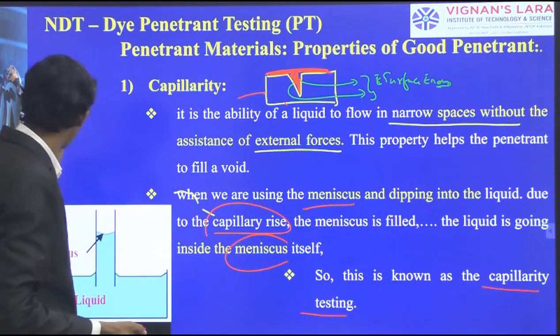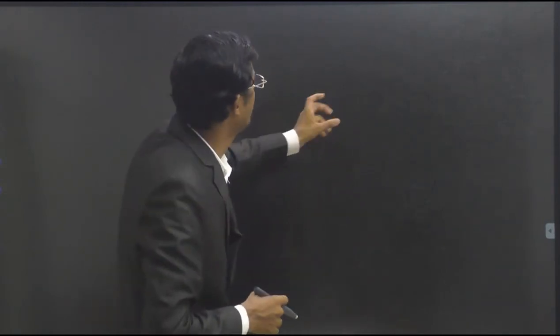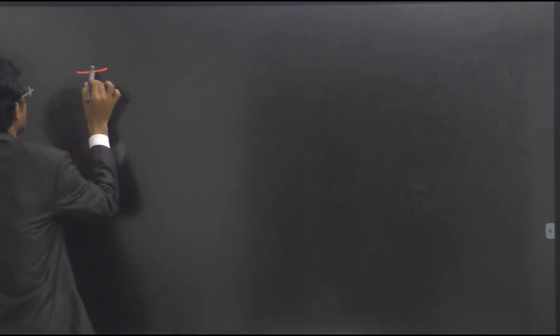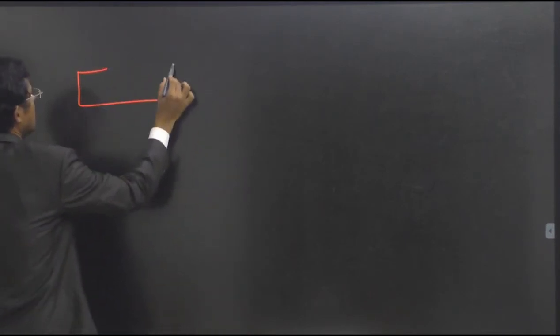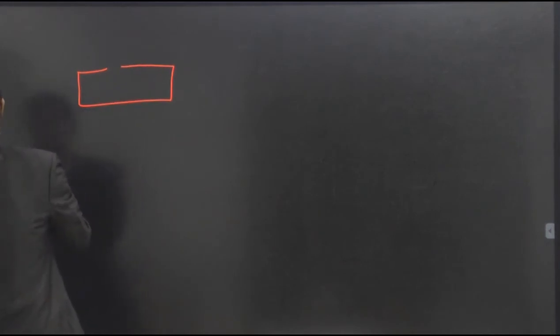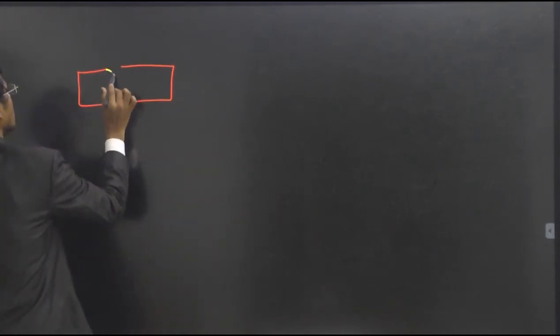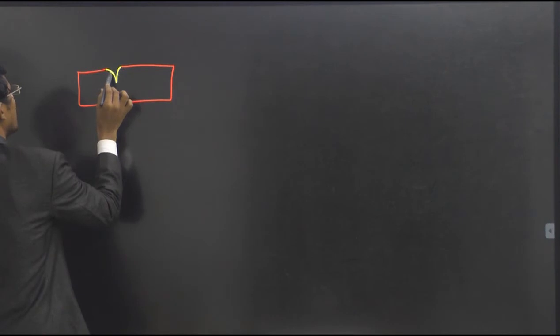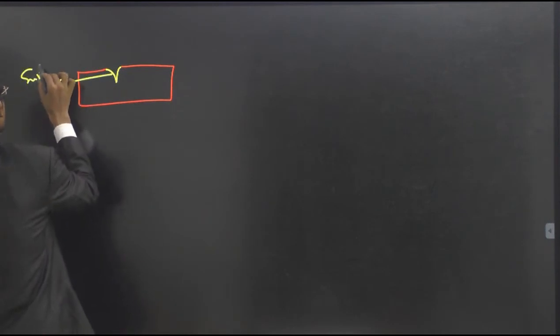Before going further, we want to find out how a capillary happens. The capillary is due to surface tension. I have taken a sample, and there is a small crack in it, and we have a surface tension here.